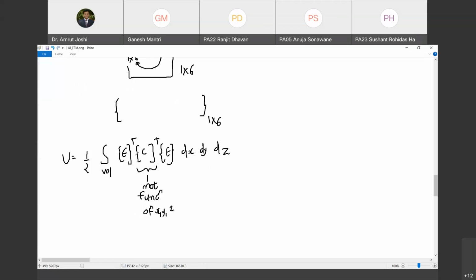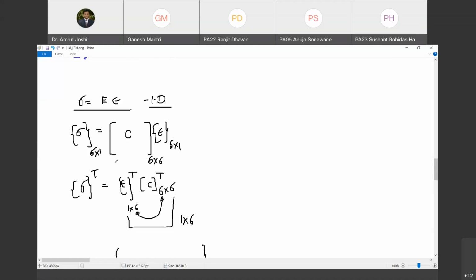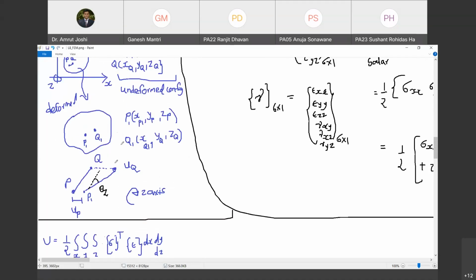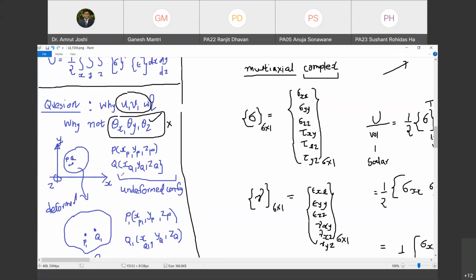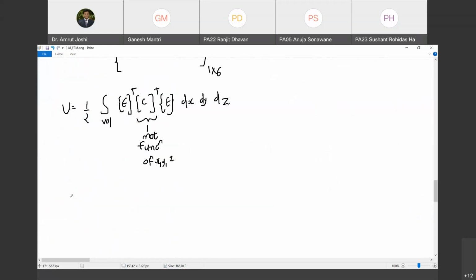So, so far so good. Now, the last step, and that is the most important step in this formulation. Still, I have written this strain energy in terms of the strain tensor. It is useless. I want to transfer it into the primary unknowns, which are displacements. Do we have strain displacement relations? Yes. For example, epsilon xx is equal to dou u by dou x.